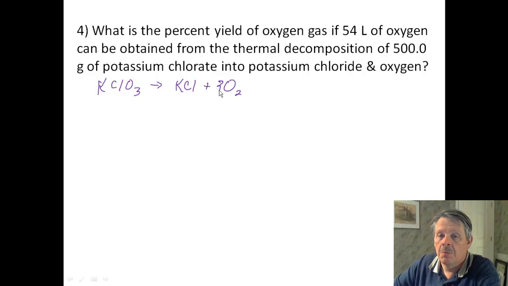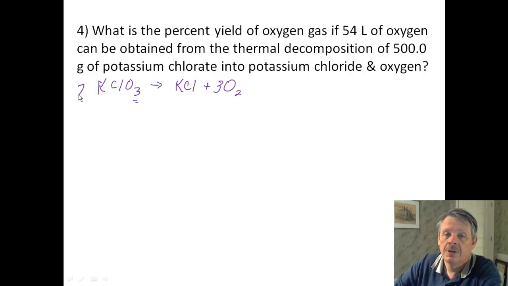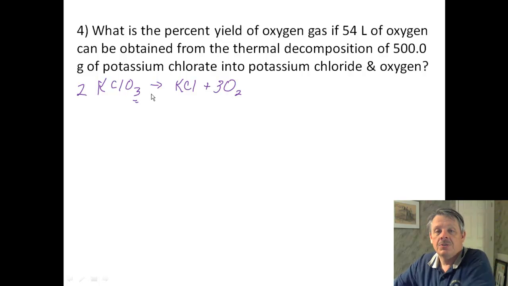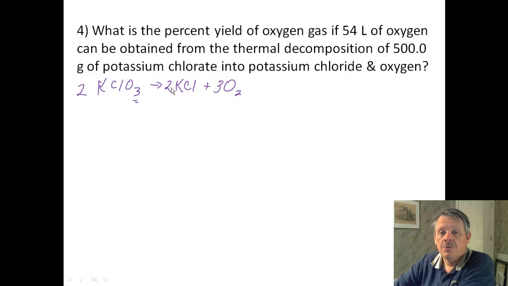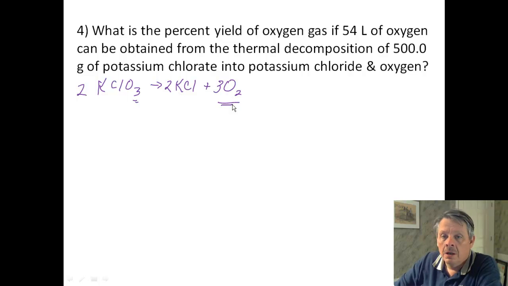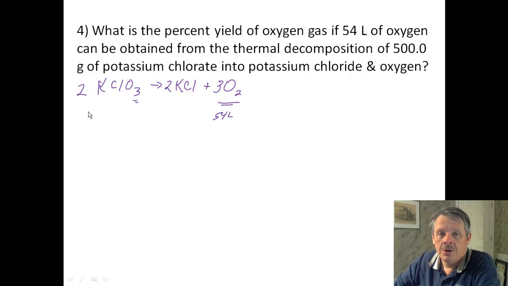And we remembered that we had to put a 3 in front of the oxygen because we have a 3 over here. So we have a total of 6 oxygens, and now we have 2 KCl, so we're good. All right, we are producing 54 liters of oxygen, and we started with 500 grams. Oh, yuck, I have to figure out grams, don't I?